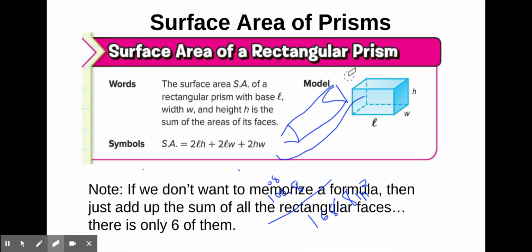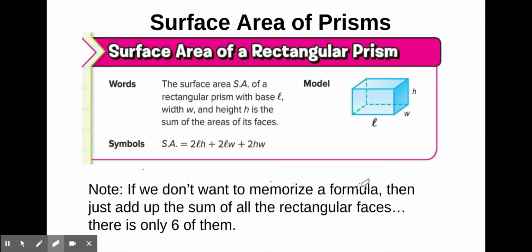So 6 times you have length times width. And so even though they give you this big old formula here of 2 times length times height and 2 times length times width, bottom line, you get 6 faces.